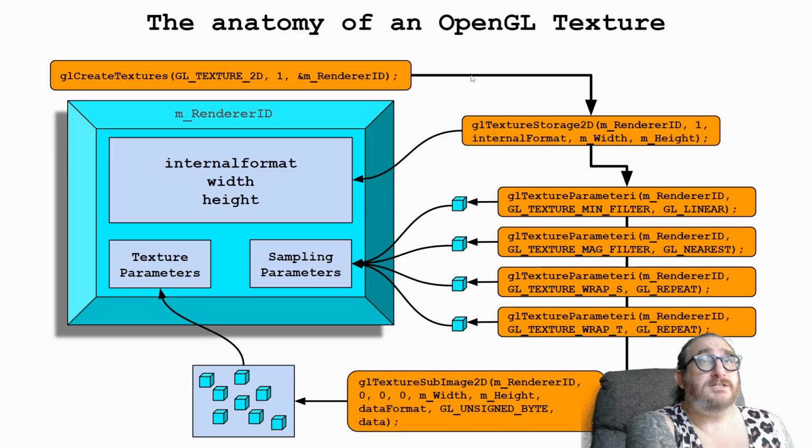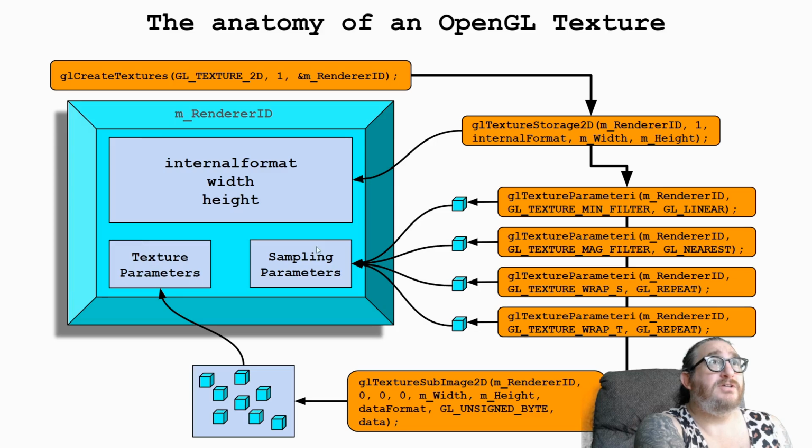So the texture object looks kind of like this. It has some name, which we've named mRendererID, and it has a bunch of information for the image itself, and then information that's going to go along with how to use the texture and some more data about the texture.